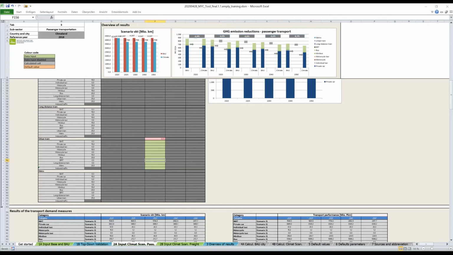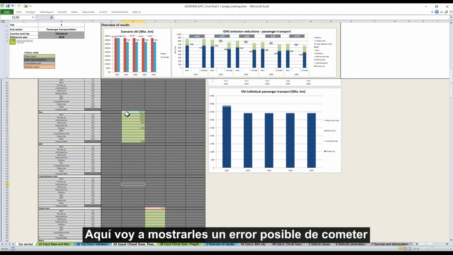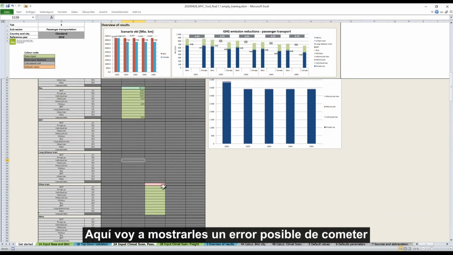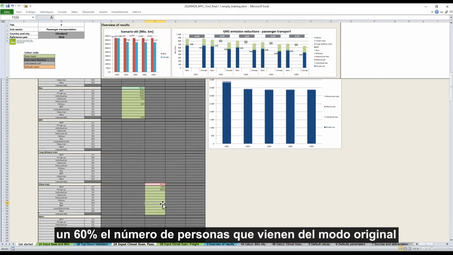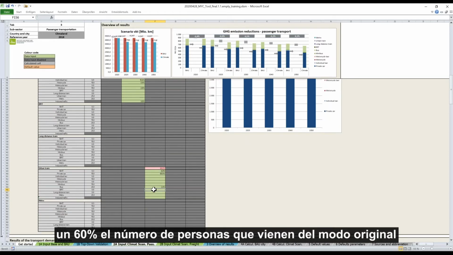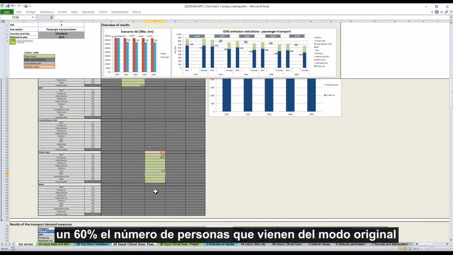Here, I take the occasion to show you a mistake that may be possible, that you haven't actually calculated what it means to reduce by 2% or 60% the number of persons that are coming from your original mode.